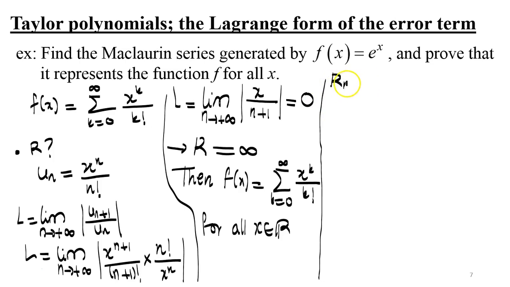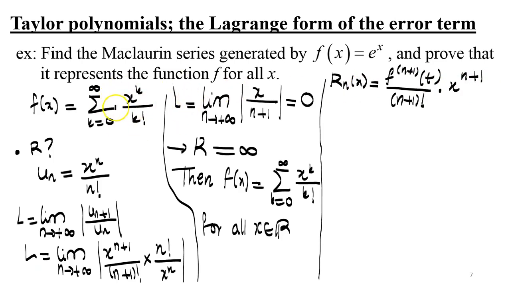So considering R_n of x. R_n of x is in fact, if you want the n+1 term, the derivative of order n+1 of f at t over (n+1) factorial times x to the n+1.